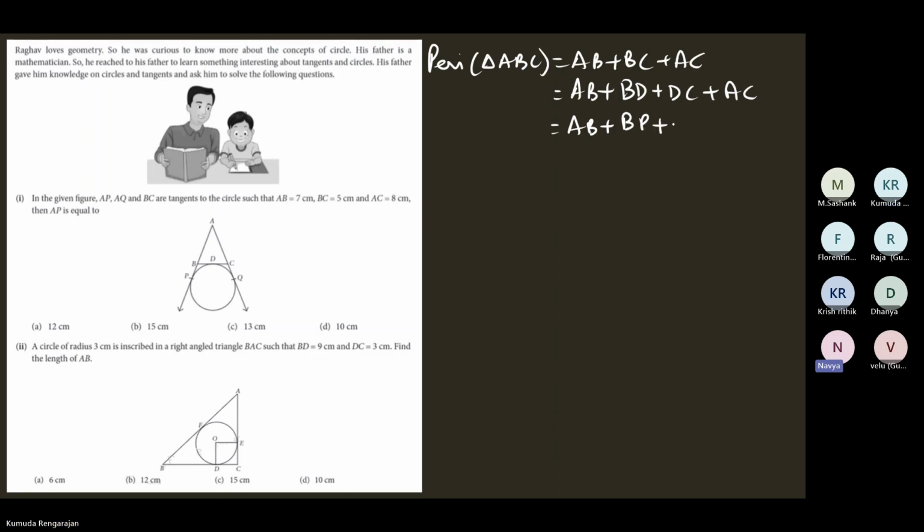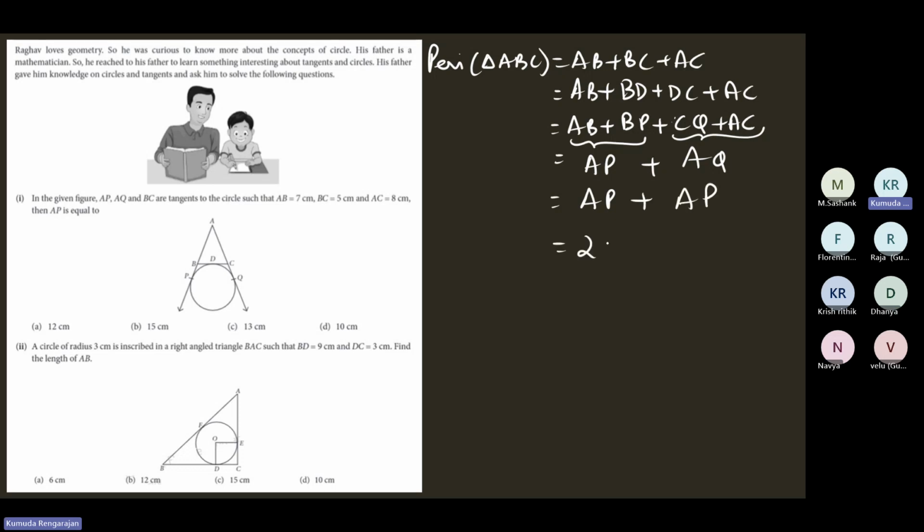DC is CQ. AB plus BP, AP. Very good. AQ. Now AP and AQ are equal, so AQ can be replaced with AP. So twice AP. Very good.